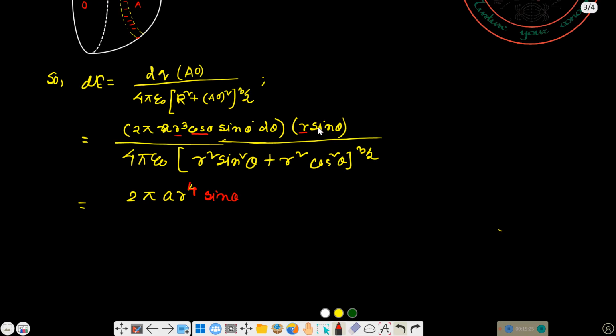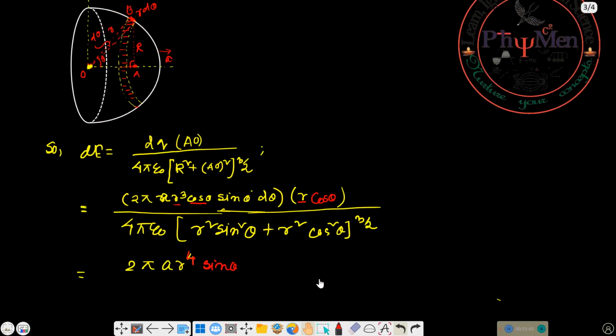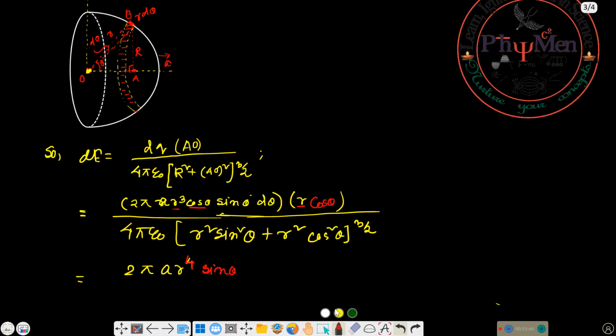No, this should be r cos theta, right? Let me correct this, because AO was r cos theta. Why? Because you can see in this portion, OA is r, so AO should be r cos theta.